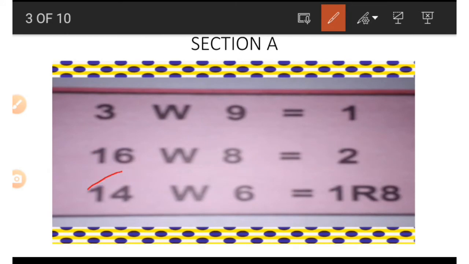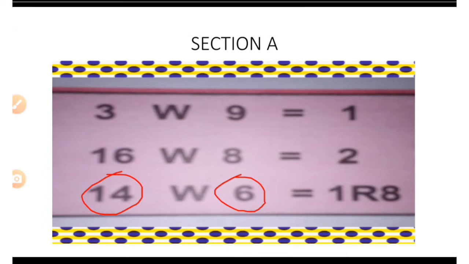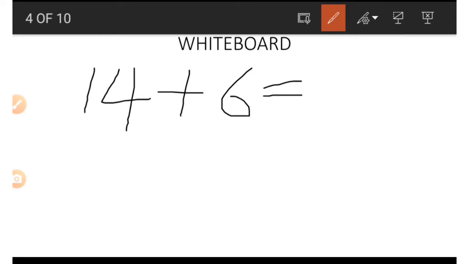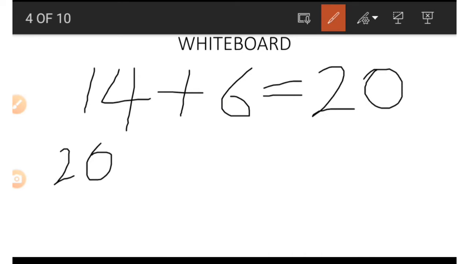For the last one, we have 14 and 6. So 14 plus 6 gives us 20. Now the next step is to divide the 20 by the imaginary number 12.